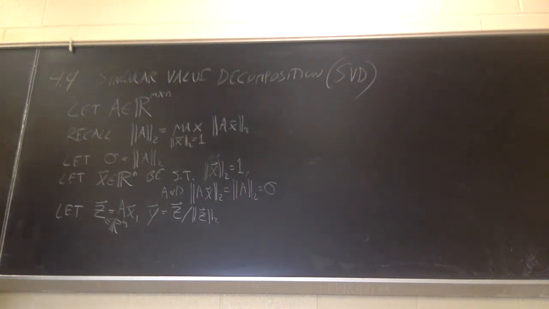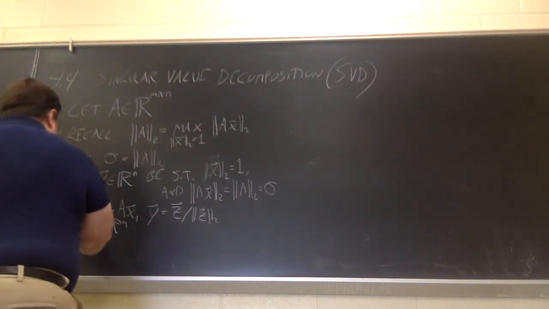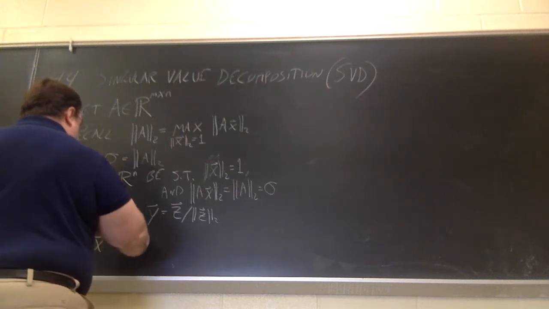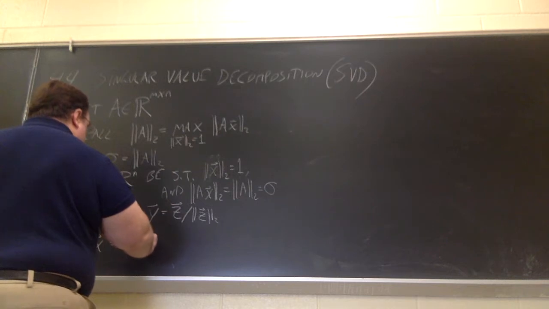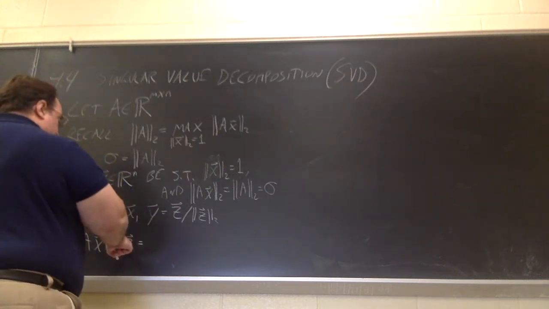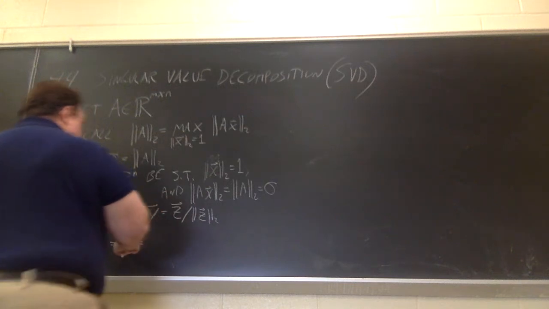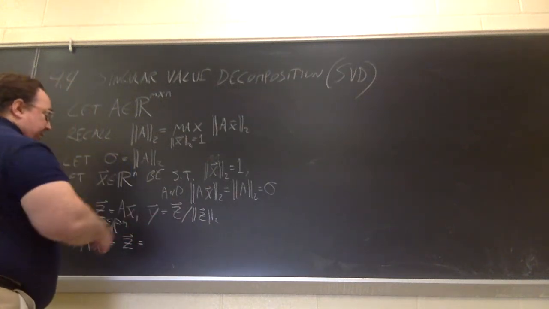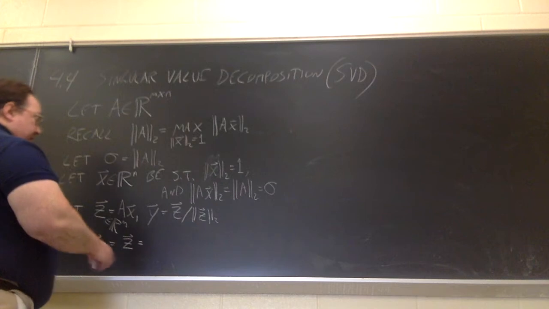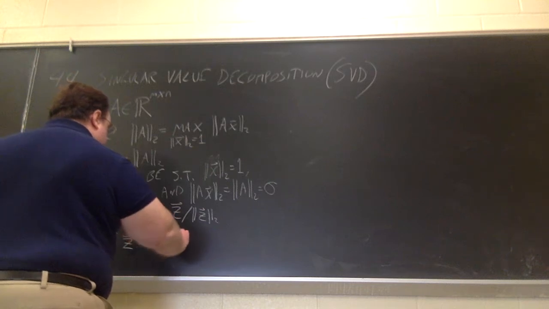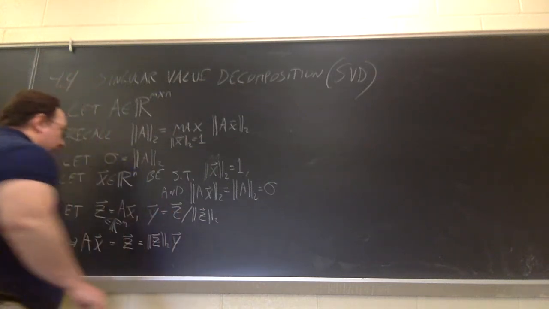So what that means is A times x, which is z, I can write as, by using this relationship between y and z, the 2-norm of z times y.